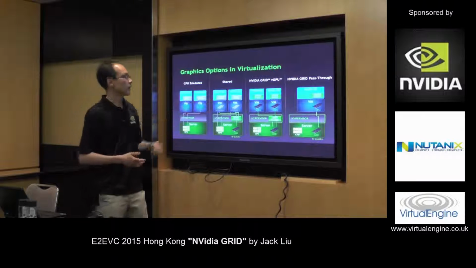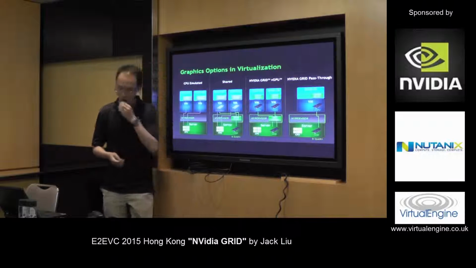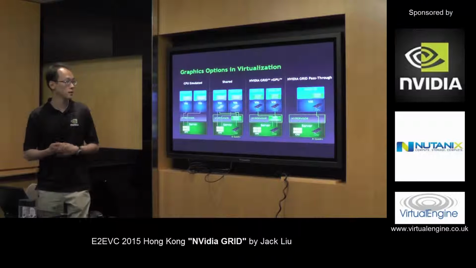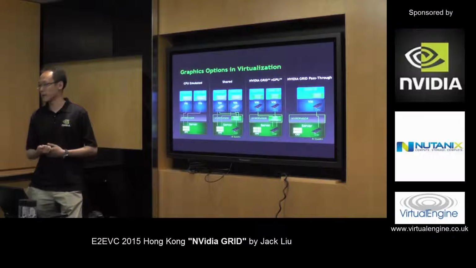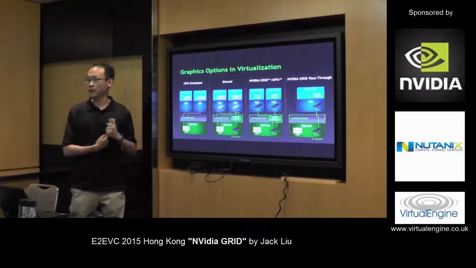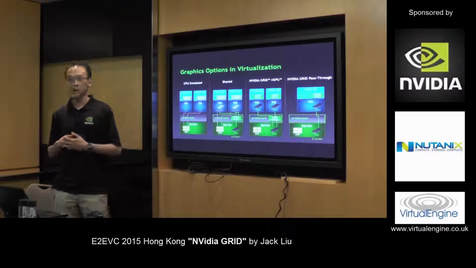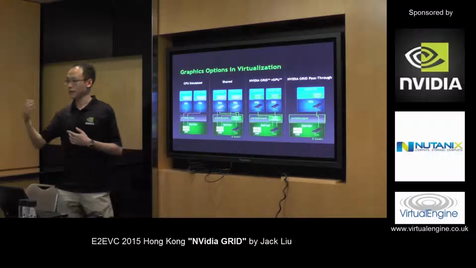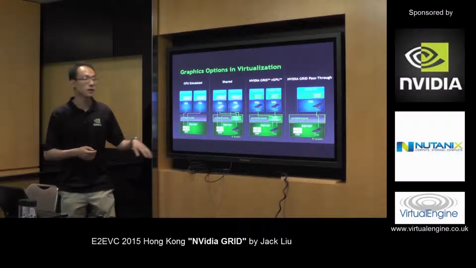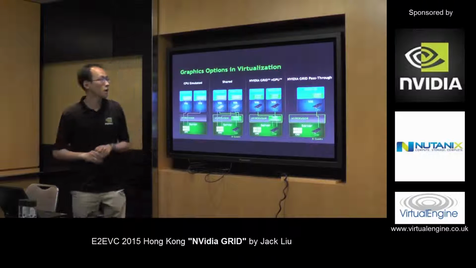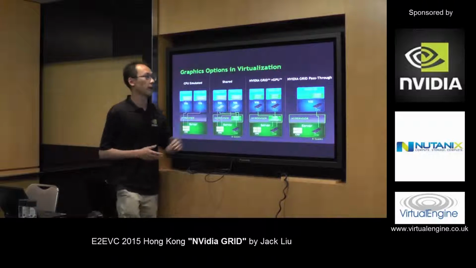The downside of the shared mode, or what we call software virtualization mode, is that it only supports limited APIs, the DX and OpenGL I talked about in the previous slides. If the application uses higher graphics APIs and the mode doesn't support them, it falls back to CPU mode.